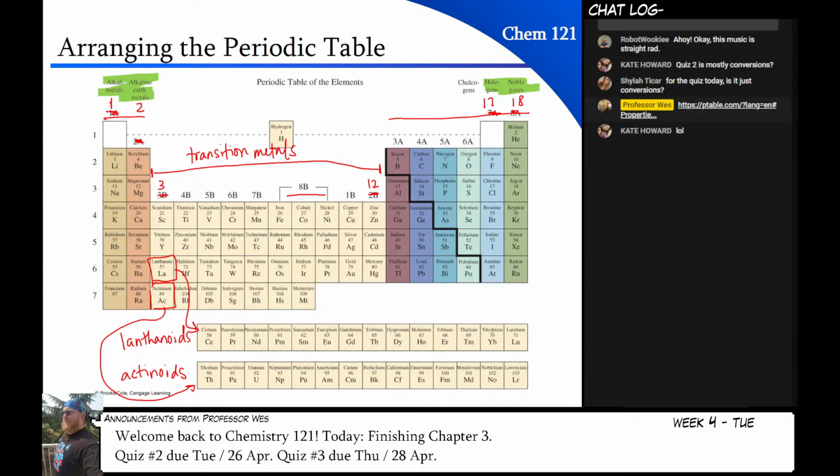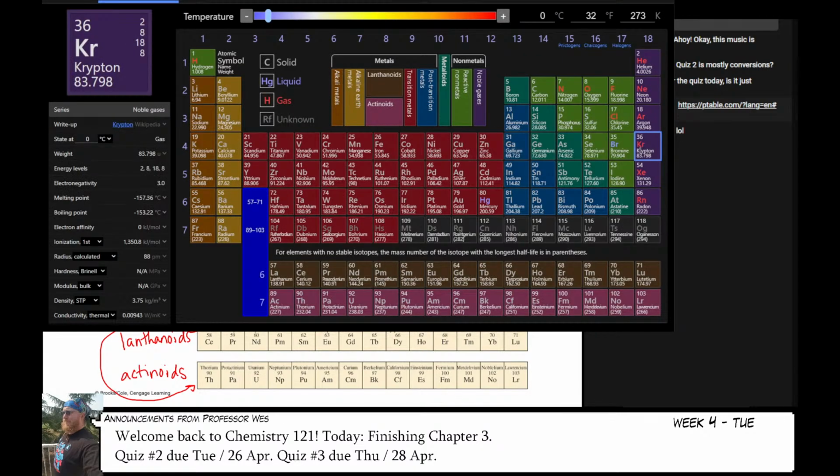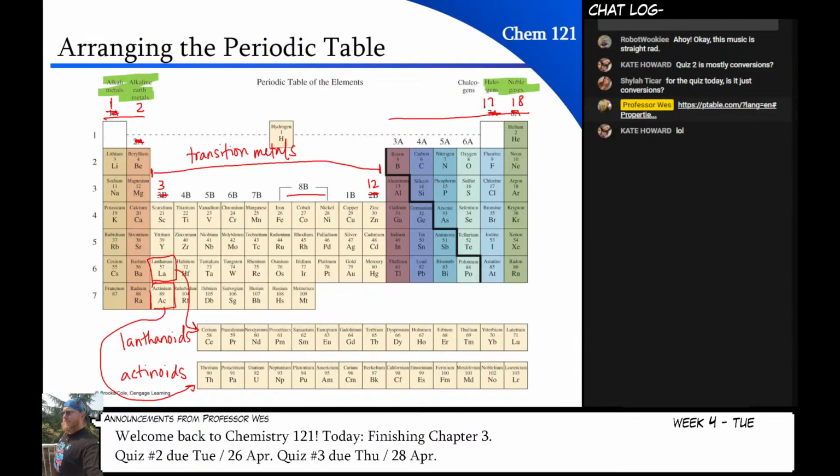Now you might notice that if I go back over here to the periodic table, lanthanum and actinium are actually down here at the bottom to start these rows. Here they are. And that's fine. Some periodic tables will put them in the space, and then there will just be a 57, and it'll go straight to 72, and it'll be up to you to infer that, oh, I should probably go down here. Does not really matter where they're placed. We're going in number order anyway.